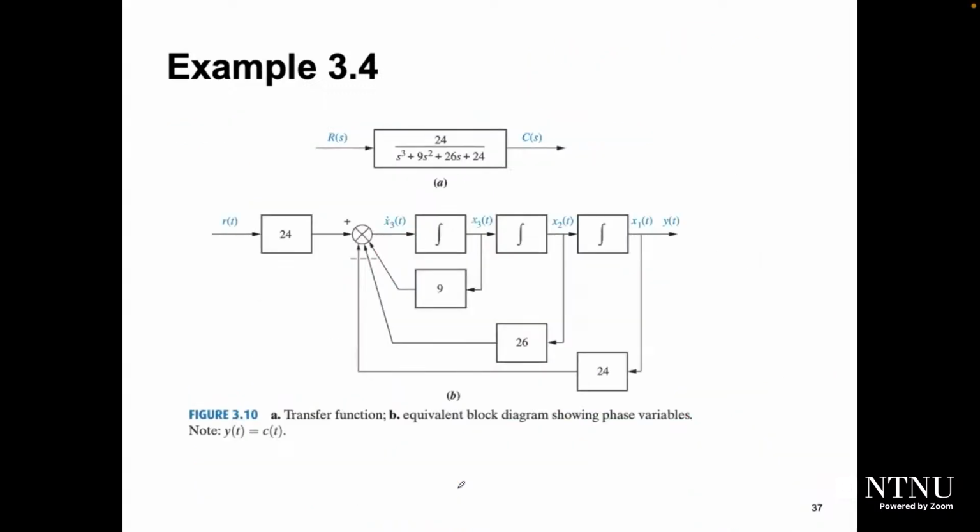If you want to draw this graph, you need to start with a summing point, and the output from this summing point will be x3 dot, giving the equation of x3 dot.